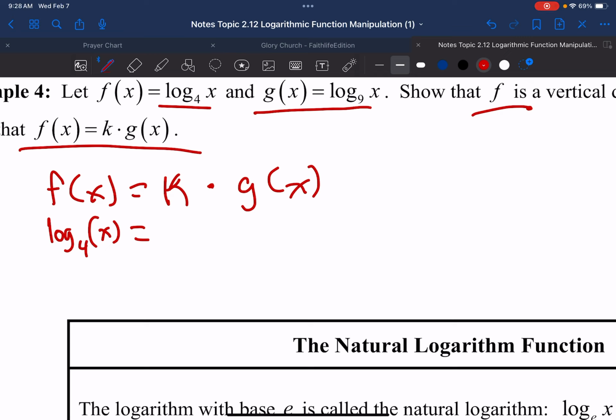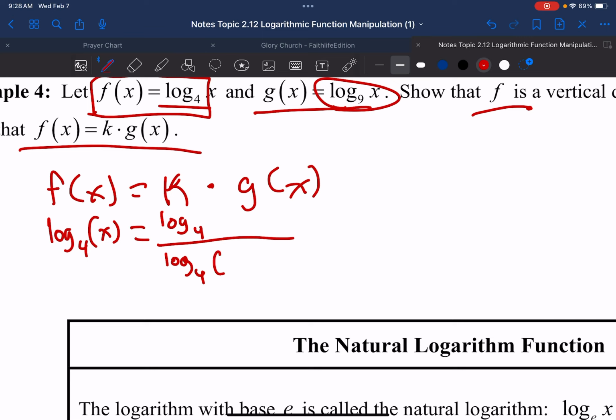Now, I want this to be like f of x is, so I'm going to use log base 4 on top and bottom. Okay, so to change the base, I can rewrite log base 9 of x. So remember, the base stays on bottom, log base 4 of 9, and then log base 4 of x.